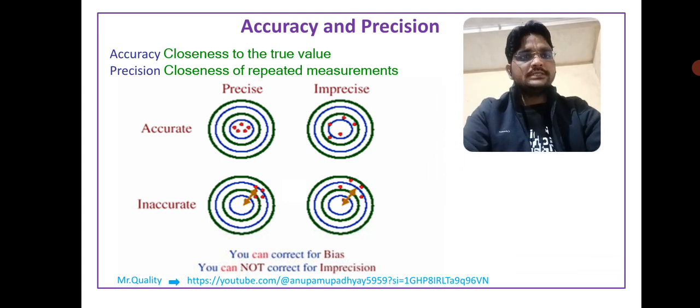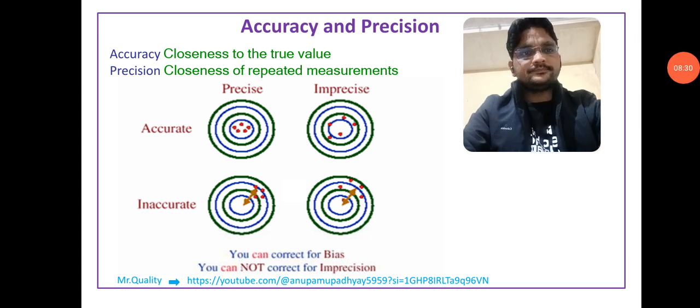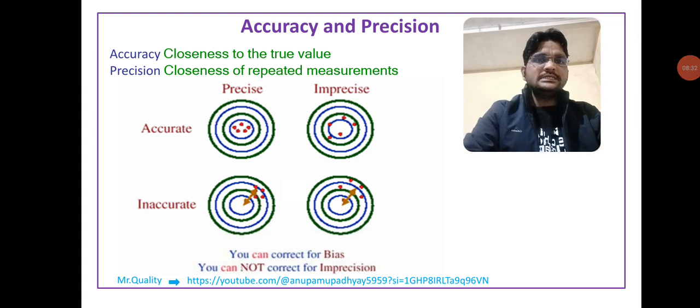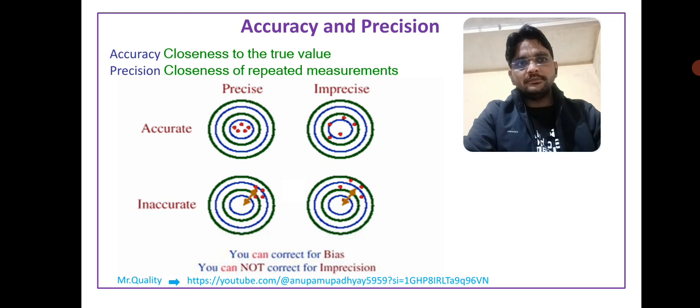What is accuracy and precision? This is an important characteristic. Accuracy is closeness to the true value, how close to the true value. Precision is closeness of repeated measurements.